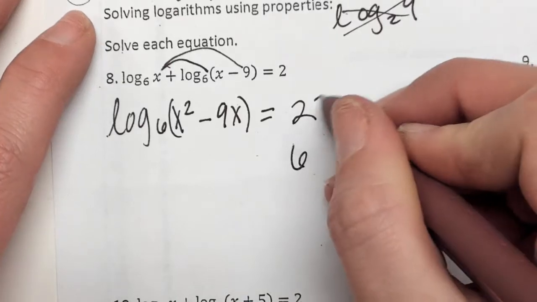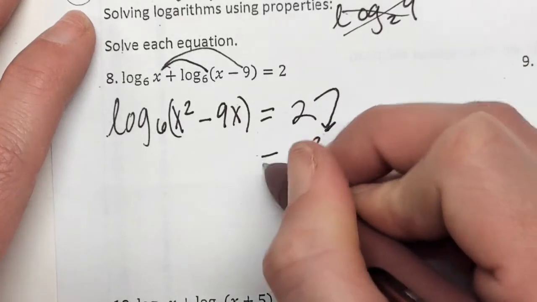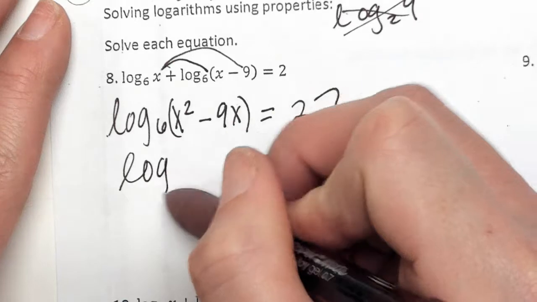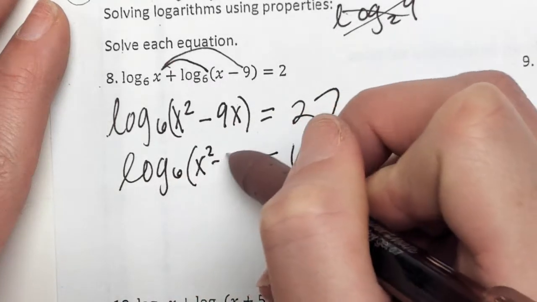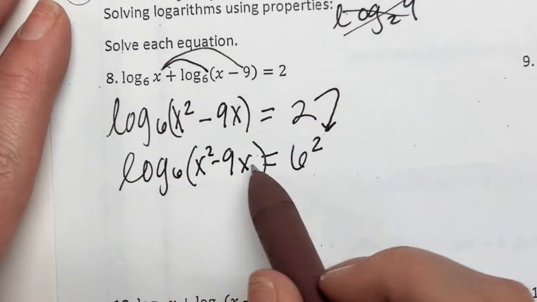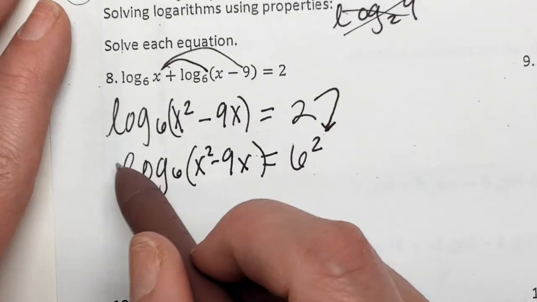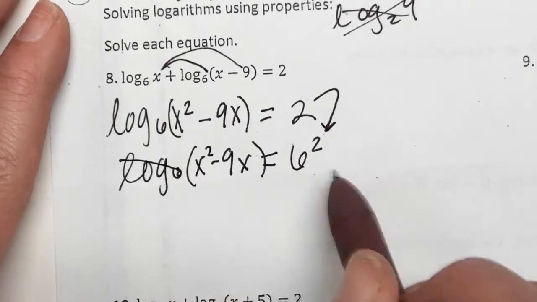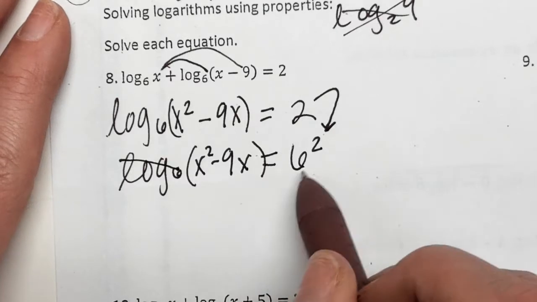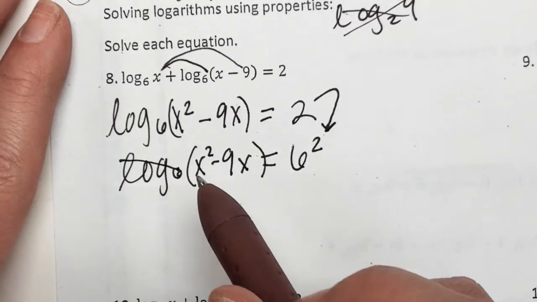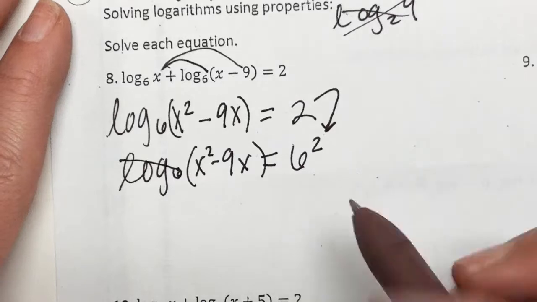And what's going to happen to this 2 is it's going to become the exponent. Stay with me. So again, the reason I got the 6 is because I needed the same base. The 2 becomes the exponent, whatever number's here. Now I can cancel out log 6 since they have the same base. But this is not going to cancel out. This is called the change of base property, I think is what it's called.